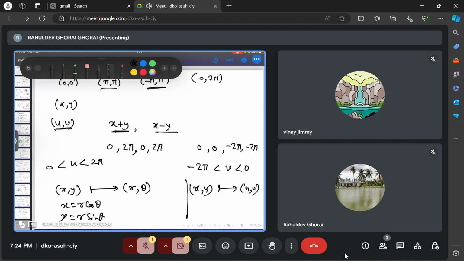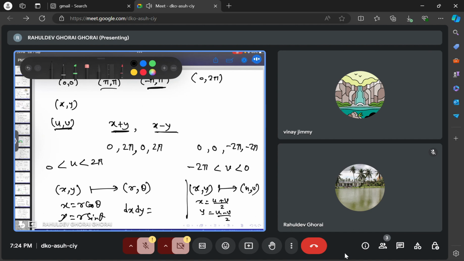Here you have x equal to u plus v by 2, and y is equal to u minus v by 2. Depending on the question, we will change.